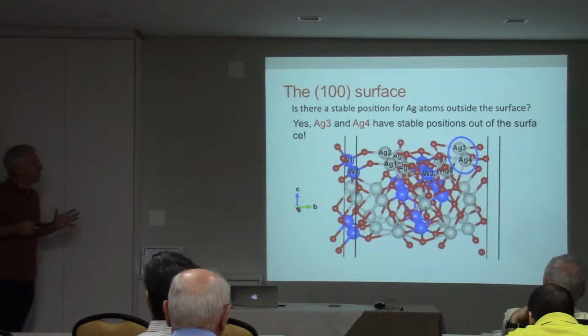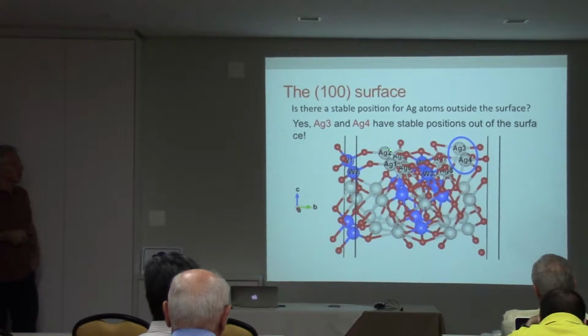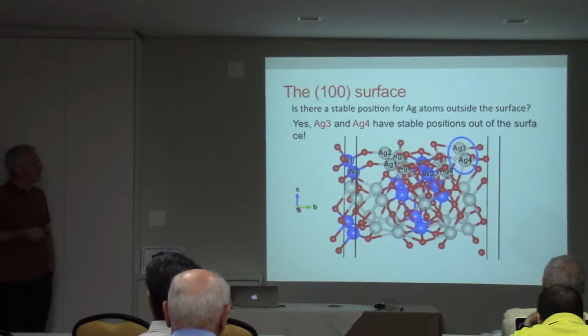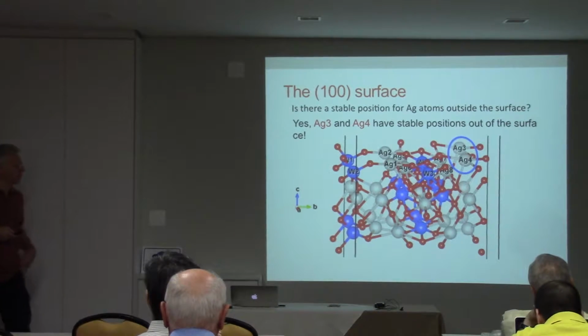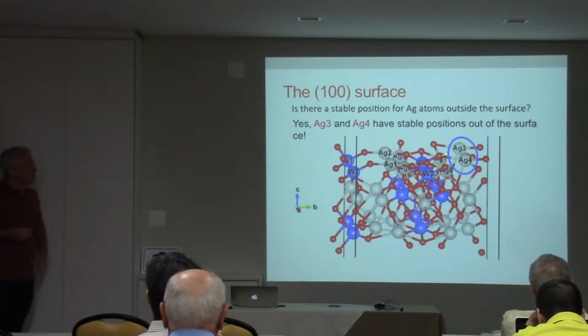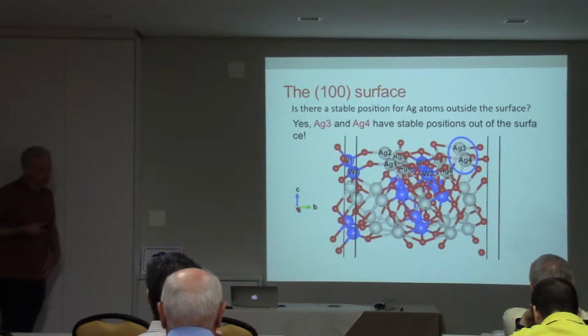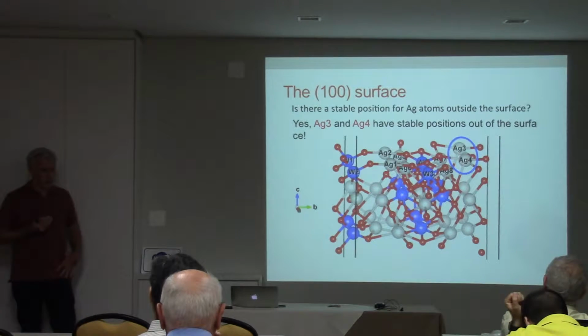There are some silver atoms which are very difficult to get out. They are very stable, and if we try to move them outside, they get back very quickly in the relaxation optimization process. But we find some of the silver atoms that can diffuse outside. This is interesting because of the experimental observation.